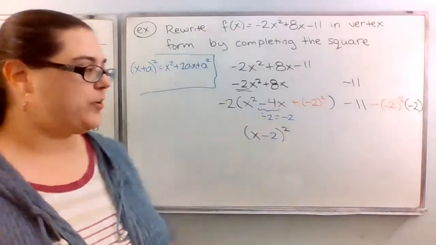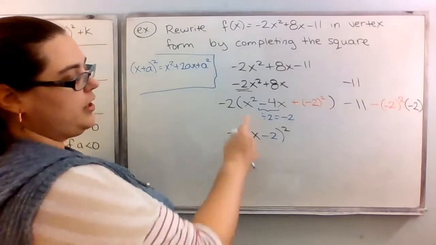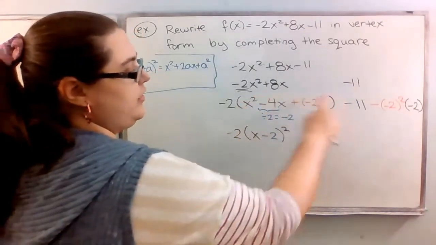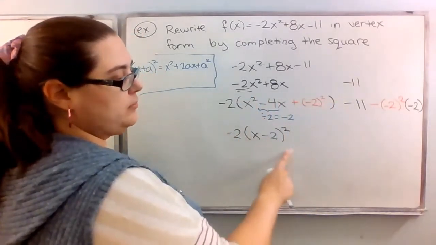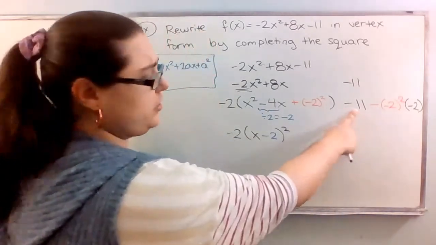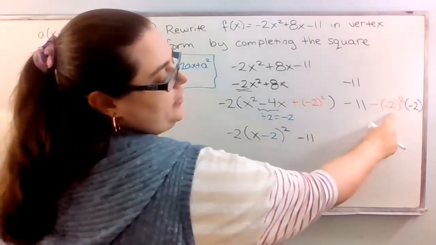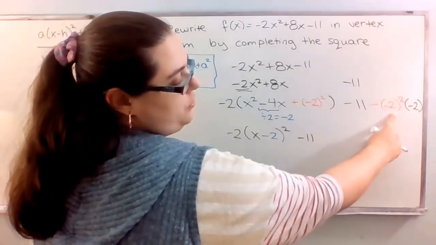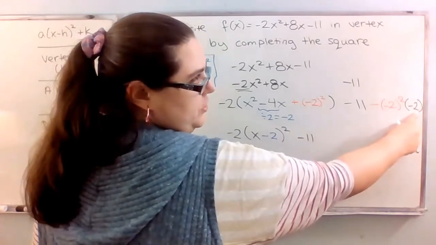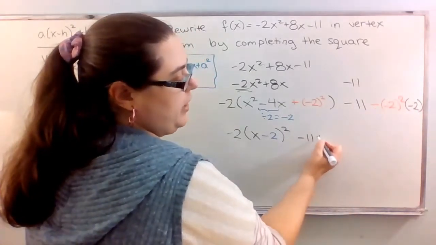All right, so we do this process. We're going to bring this negative 2 down. This whole piece factors into this perfect square. And then I'm going to bring down these pieces. I'm going to simplify a little bit. So I bring down my minus 11. Negative 2 squared is a positive 4 times a negative 2 is a negative 8 times a negative is going to be a positive 8.